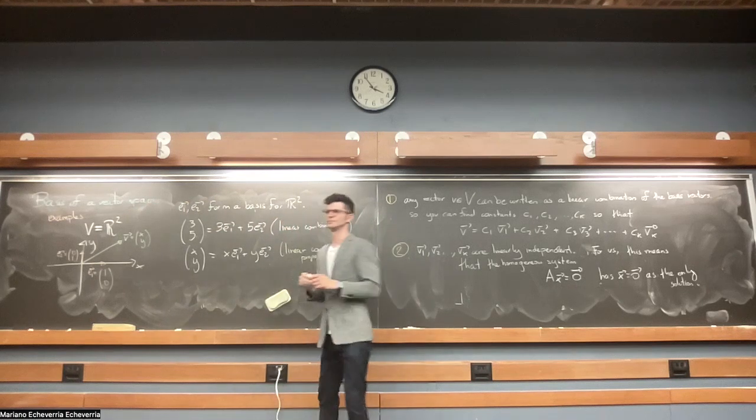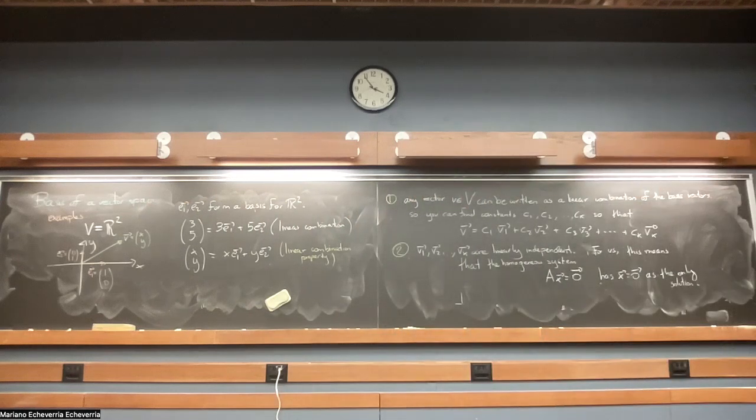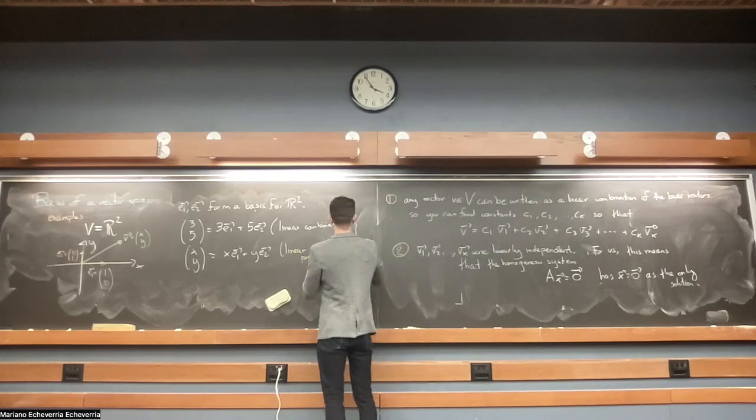Does that make sense? And then we have to check property 2. Actually, so this is part 1. Okay.